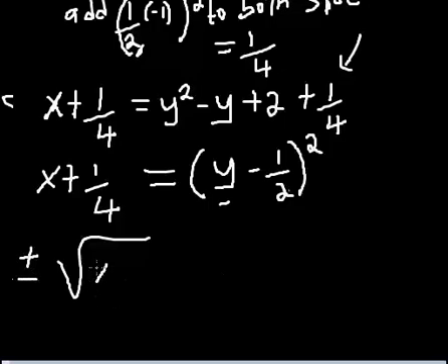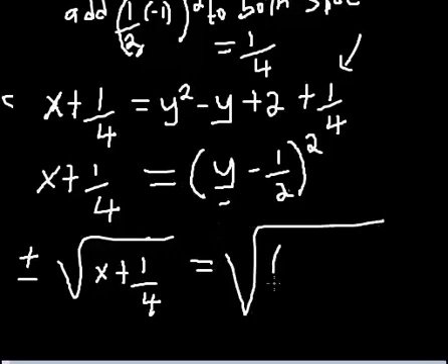So plus or minus the square root of x plus 1 over 4, right? Then of course, because the square root cancels the square, the square root of this other side will definitely cancel the square. Let's do that, okay?